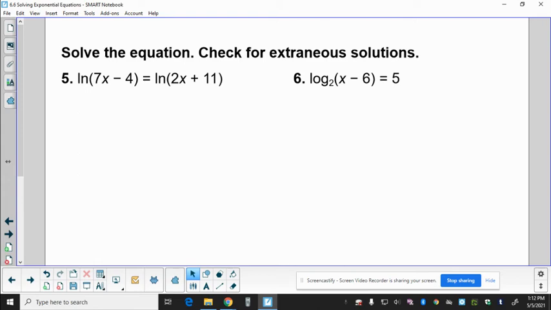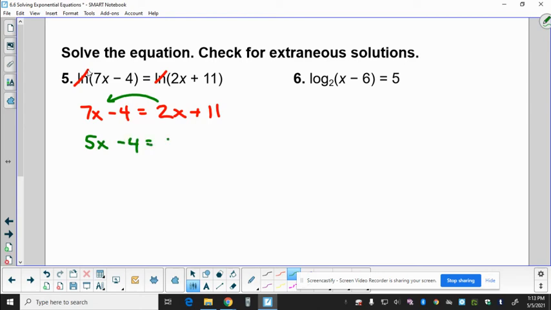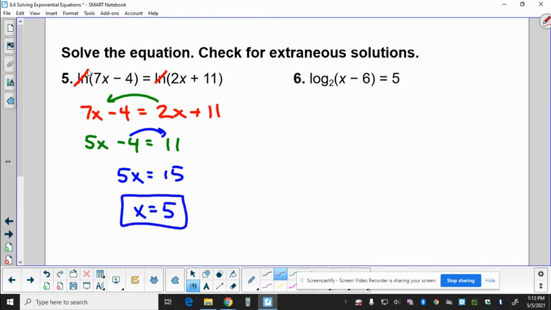Let's take a look at number 5. What I would do right off the bat, logarithm property of equality. Then what I think I'd do is solve this. Take that over, it'd be 5x minus 4 equals 11. Take the 4 over there. Check your answer. Put that 5 back up in the original problem. It'll work. That's good.